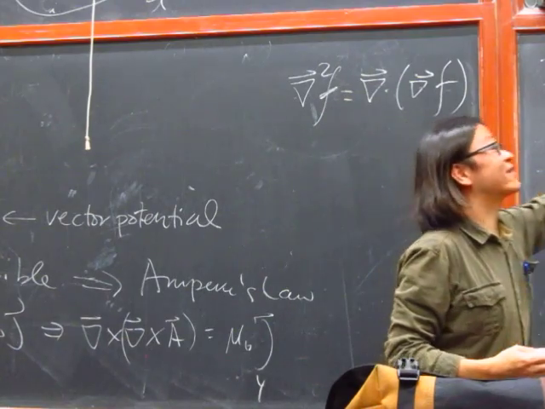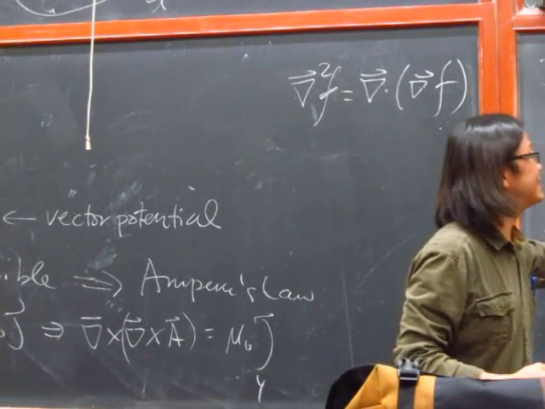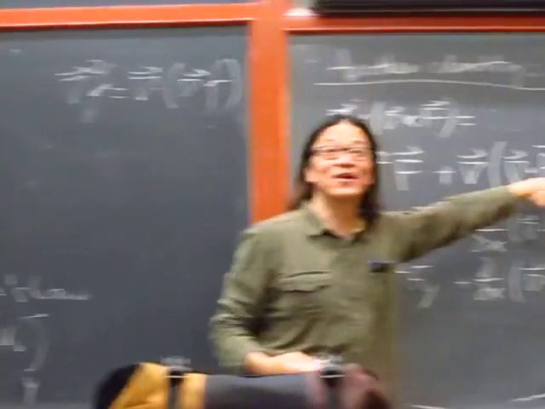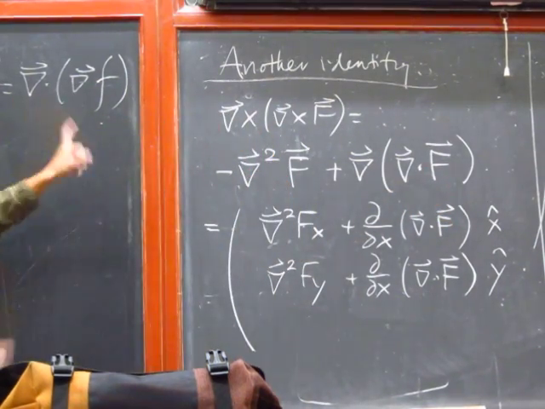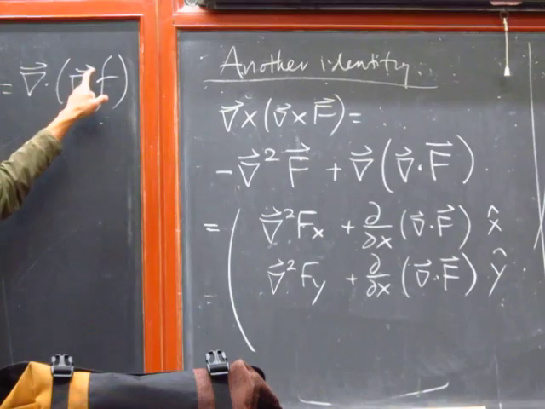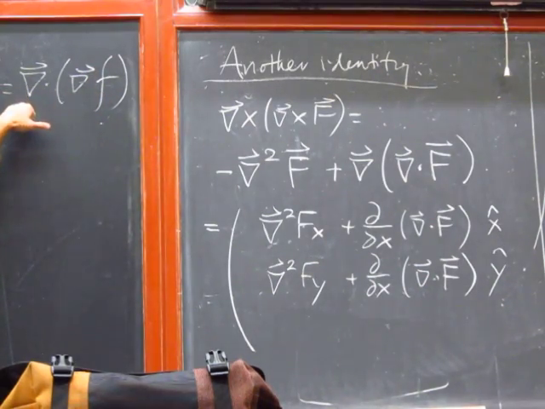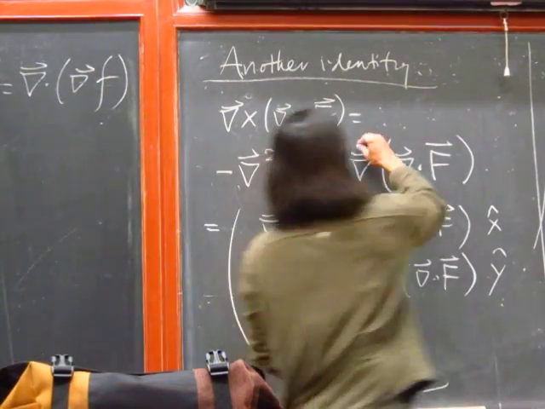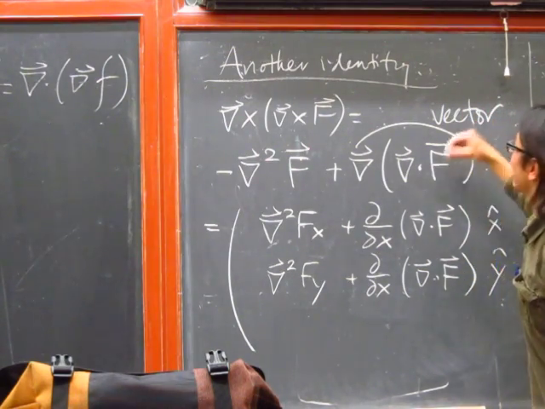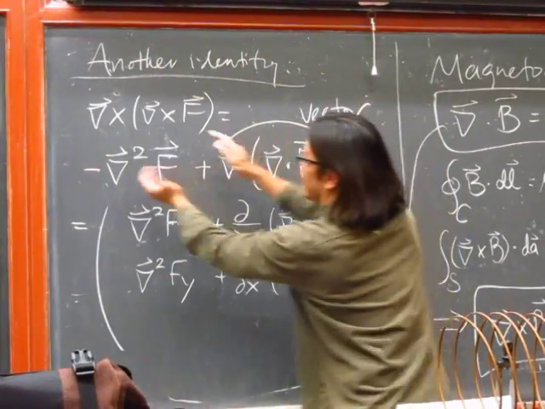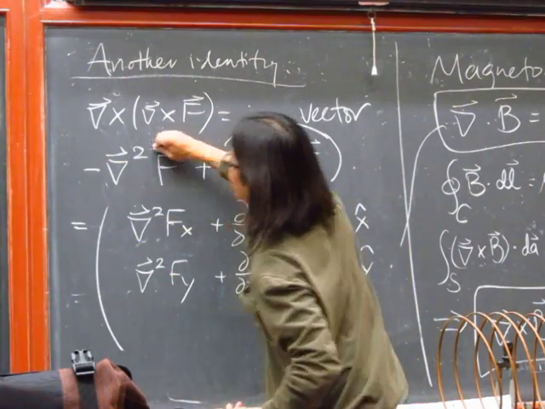So curl of a curl is minus a Laplacian plus the gradient of the divergence. It's not the same thing. Laplacian is a divergence of a gradient, so it gives you a scalar. This gives you a vector, and this is also a vector.